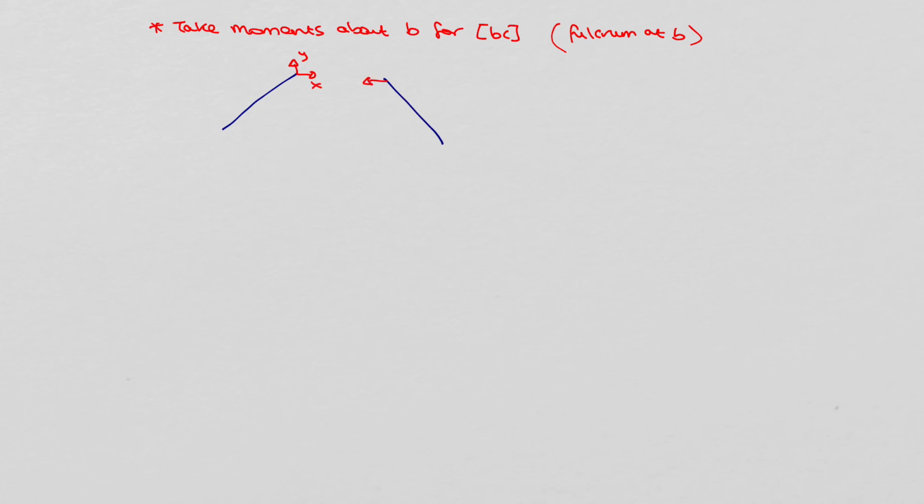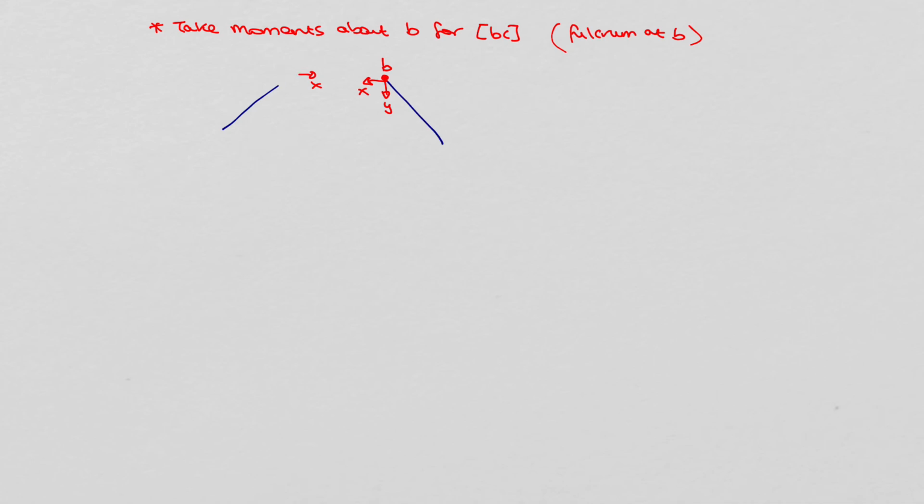So if we have one going to the left, the other must be to the right. If we have one going up, the other must be going down. By taking the fulcrum at B, the perpendicular distance for these reaction forces X and Y are now eliminated. They would have a perpendicular distance of 0 and therefore no moment. So that eliminates us having to worry about what they are.